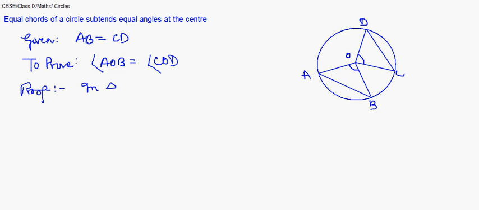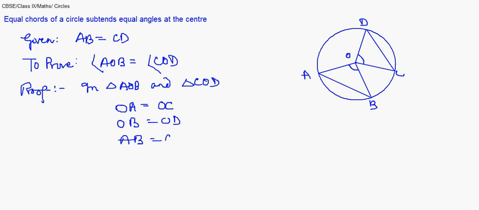in triangle AOB and triangle COD, OA is equal to OC. Similarly, OB will be equal to OD. Yes, AB is also equal to CD. That's given.